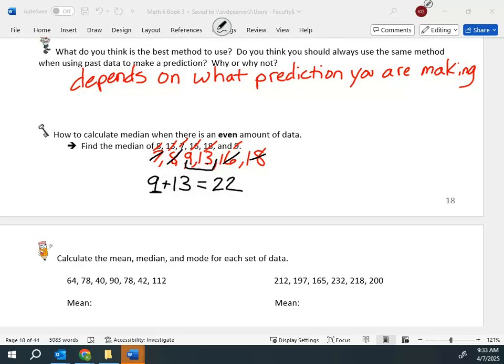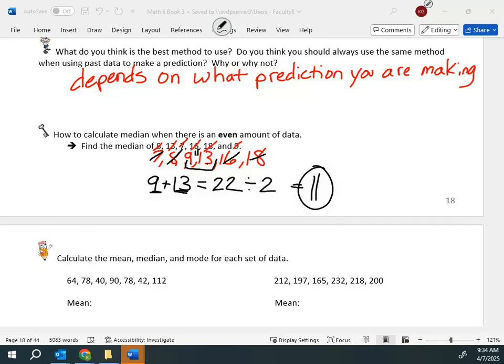And then because there were two numbers, I'm going to divide that by 2. What is 22 divided by 2, Nolan? 11. So it's in between, and we can see 11 falls in between 9 and 13. So that median that you get should always be in between those two numbers. If you had two numbers in the middle, your median's going to be in between those two numbers.